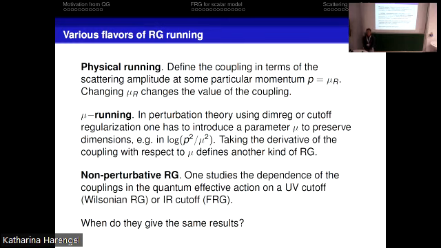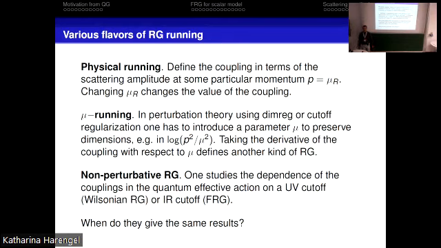And when particle physicists talk about running couplings, they mean the following. They define the coupling in terms of some scattering amplitude. The scattering amplitude is in some particular kinematical configurations characterized by a momentum scale P. You fix the momentum scale P and you define the coupling at that scale.